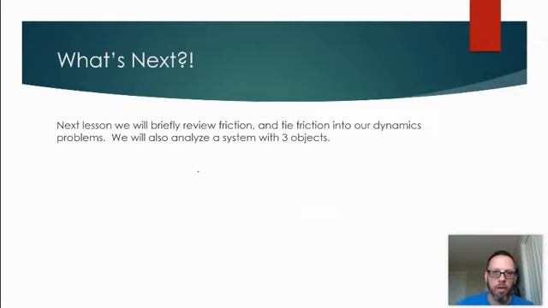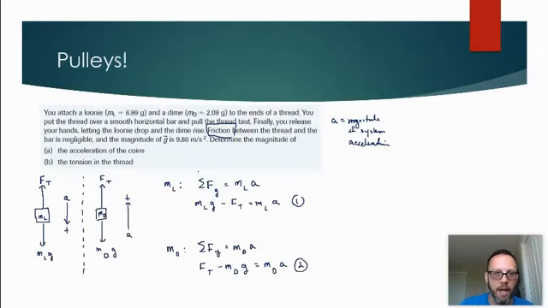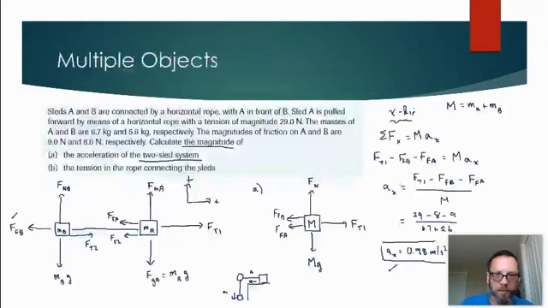What's next? In our next lesson, we're going to briefly review how to calculate a force of friction. In the example we did way back with the sled, the forces of friction were just given to us. But if that's not the case, how can we calculate force of friction?